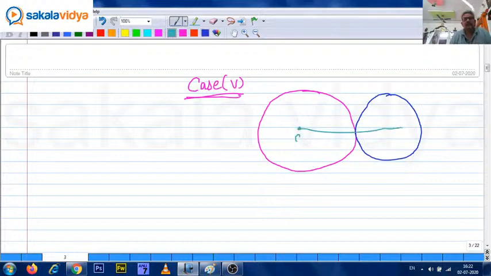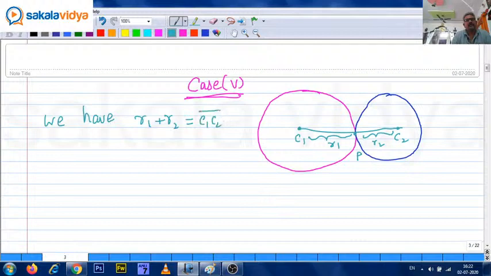Say this is C1, this is C2, and they touch at P, for example. This radius is R1, the other radius is R2. Here we have R1 plus R2 equals C1 C2.